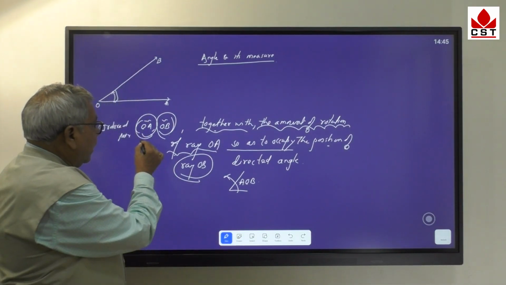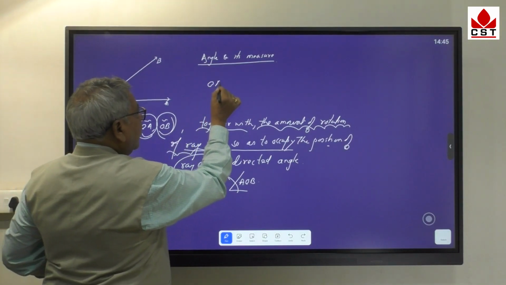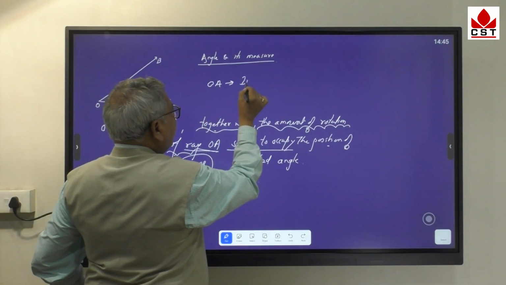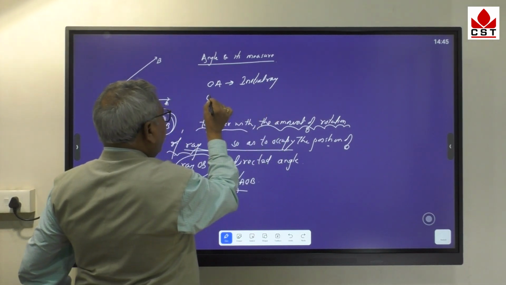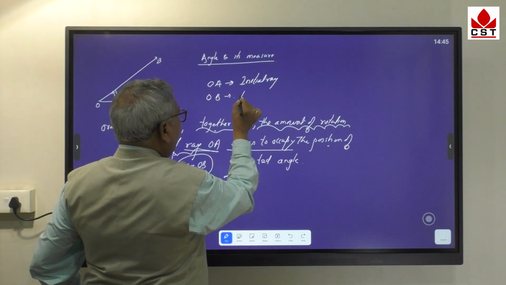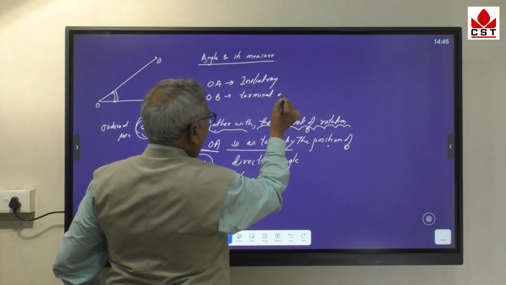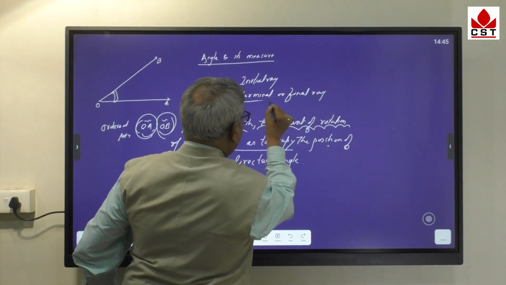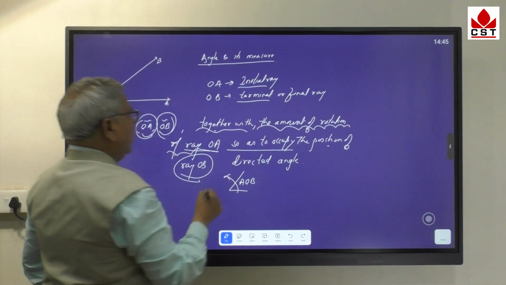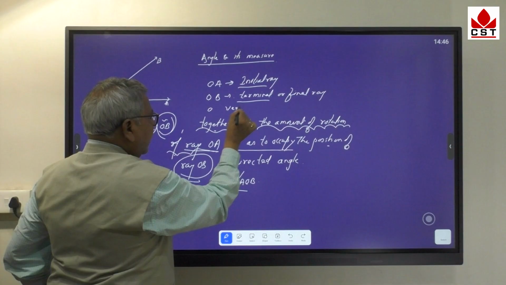Who rotates? Ray OA is called the initial ray and ray OB is called the terminal or final ray, and point O is called the vertex of the angle.